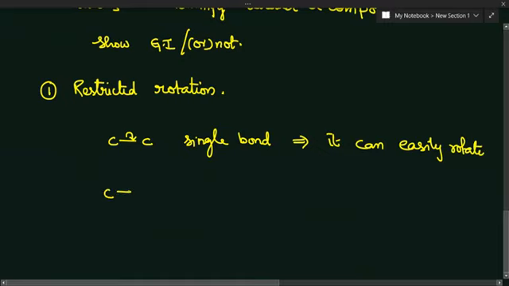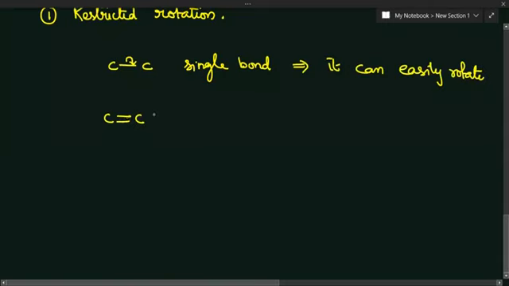But when you take any double bond, any unsaturation, you cannot rotate this. This carbon-carbon bond cannot be rotated.